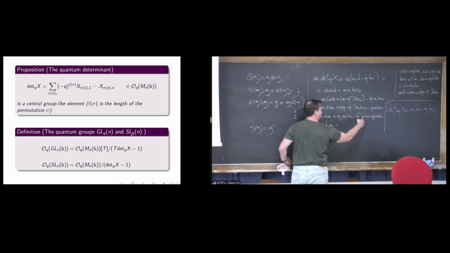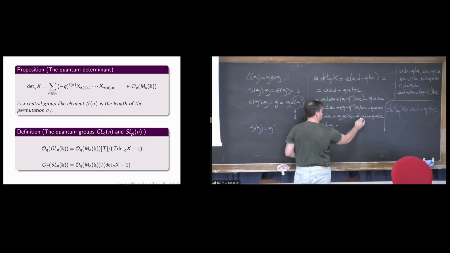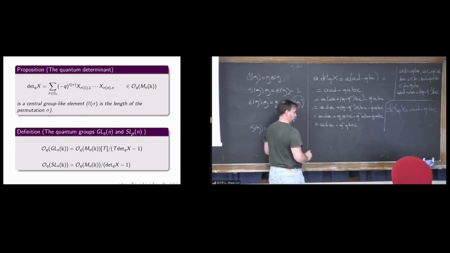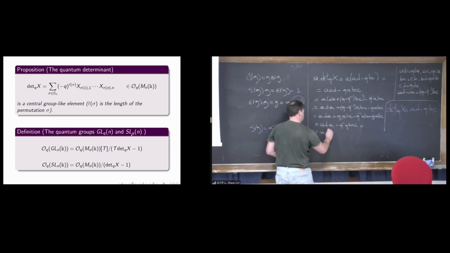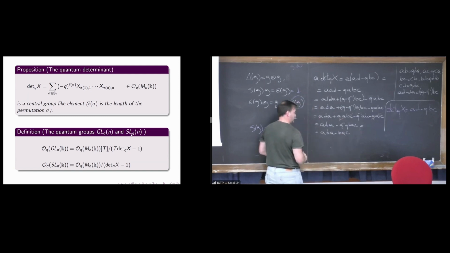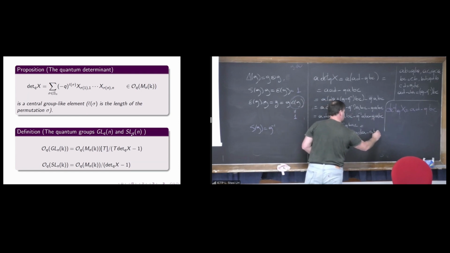So let's put the A here at the back. If I change AB with BA, then a Q appears. So Q with Q minus 1 goes away. So we have ADA minus BAC. Now we change the A with the C, and then we have ADA minus QBCA.